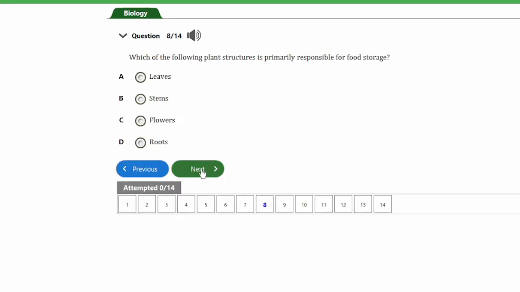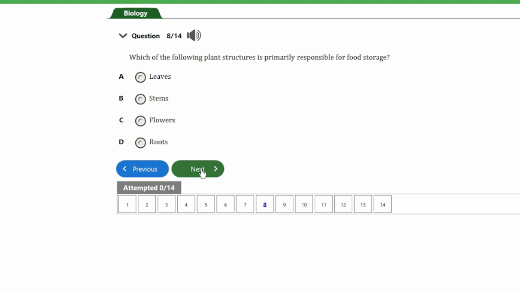That's question number 8. It says, which of the following plant structures is primarily responsible for food storage? A, leaves, B, stems, C, flower, D, roots. So guys, the answer to this question is option D, and that's the roots. The primary plant structure responsible for food storage is the roots.